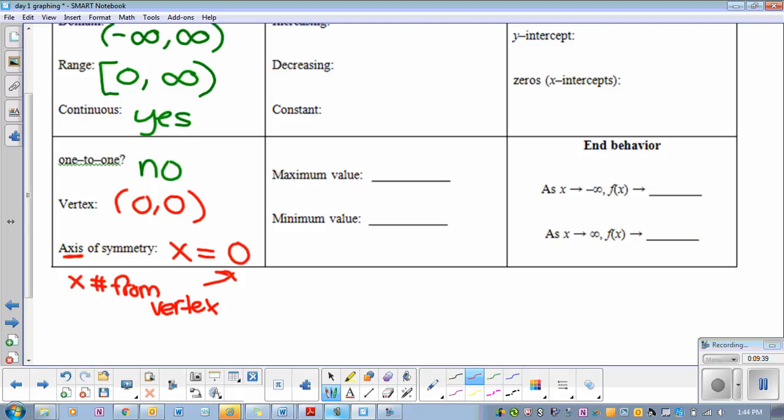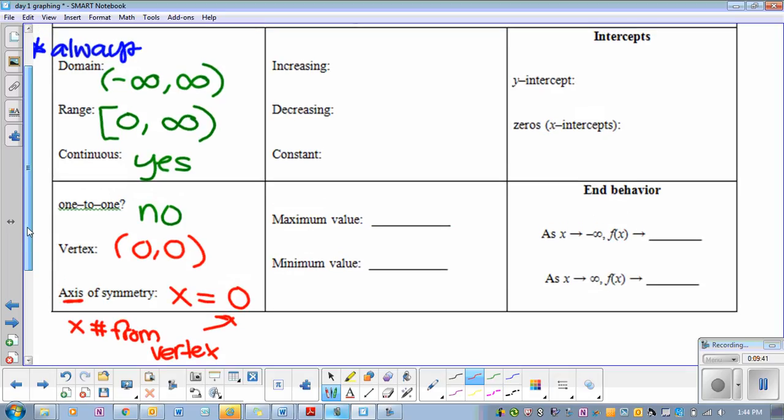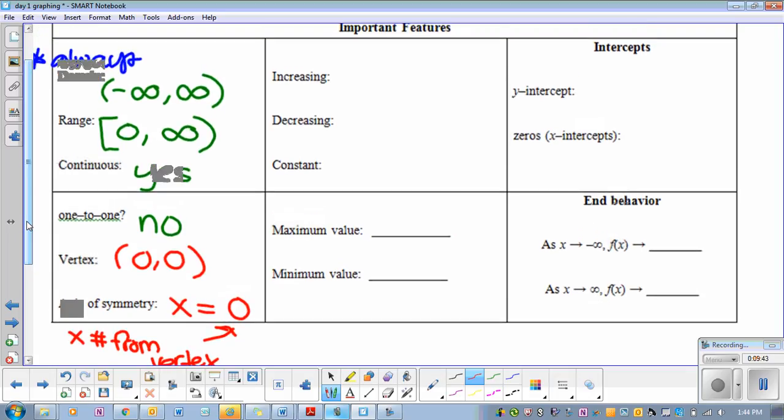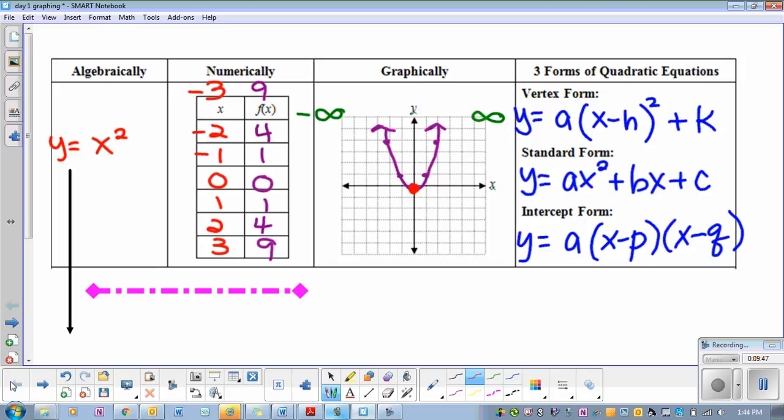All right, so let's talk about minimum and maximum value. Guys, this graph right here, this parabola, does that have a minimum or a maximum? Minimum, yeah, it is a minimum. You see this red dot, the vertex?